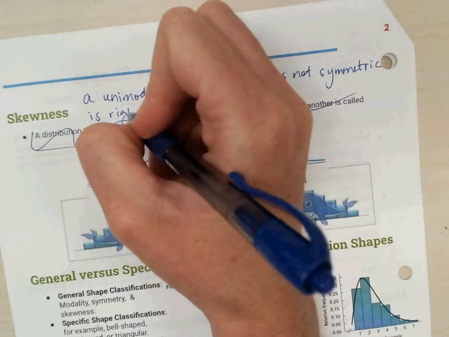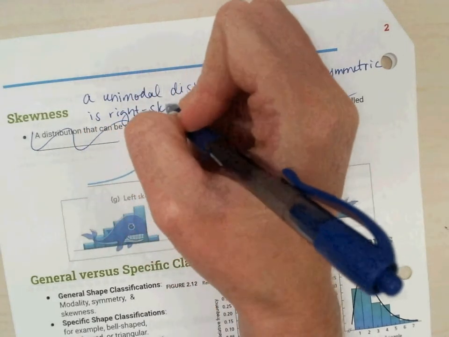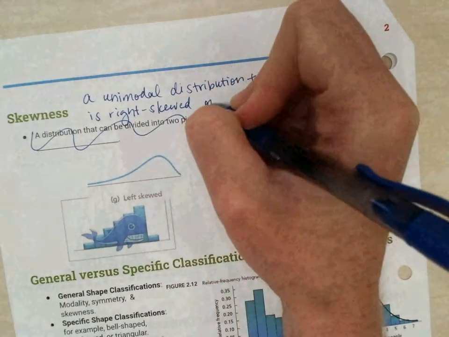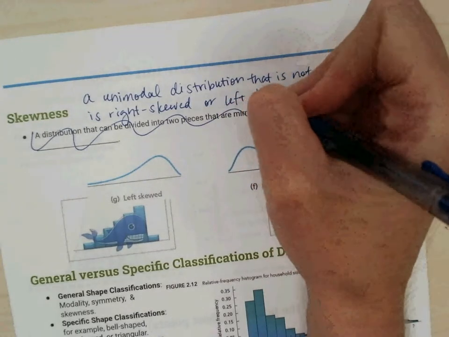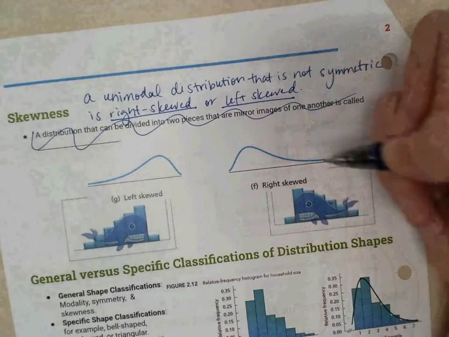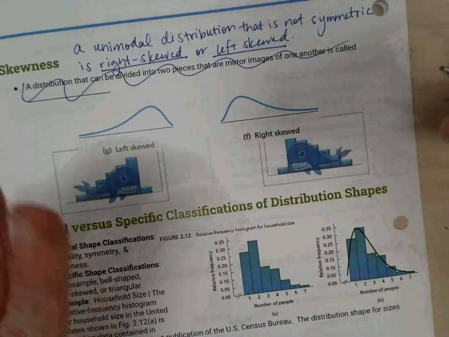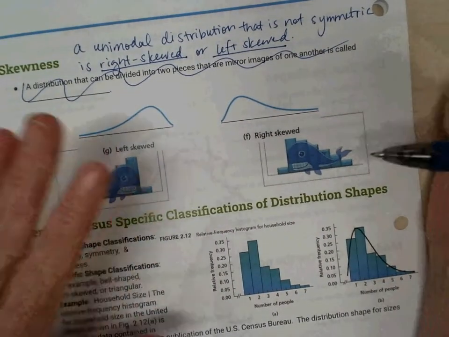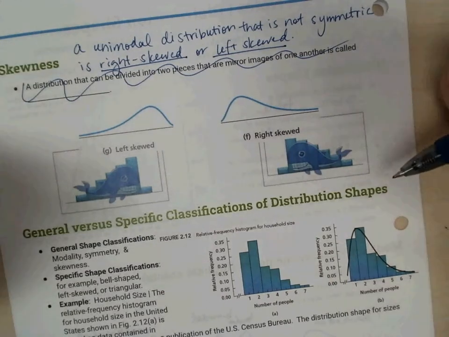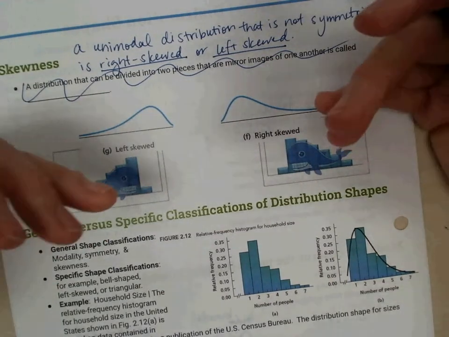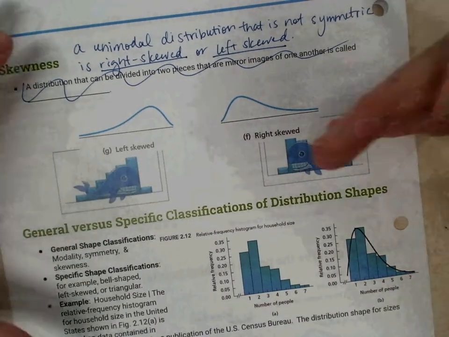It is right skewed or left skewed. I like the picture of the whale with the tail because that helps me remember these pictures where the tail is kind of the skew part of the data.